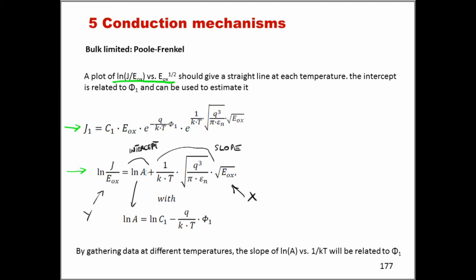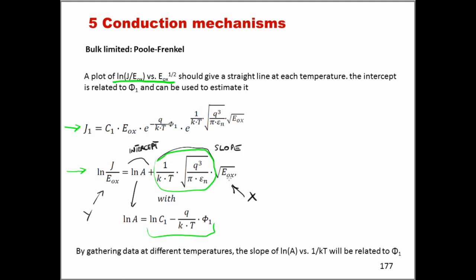where ln a is the intercept. Remember that in this case, the intercept is this whole term here, while the slope is represented by this term, which is very similar to the one we've seen for the Schottky emission. So there is the dielectric constant of the oxide material, the temperature involved, and the variable is the square root of Eox.